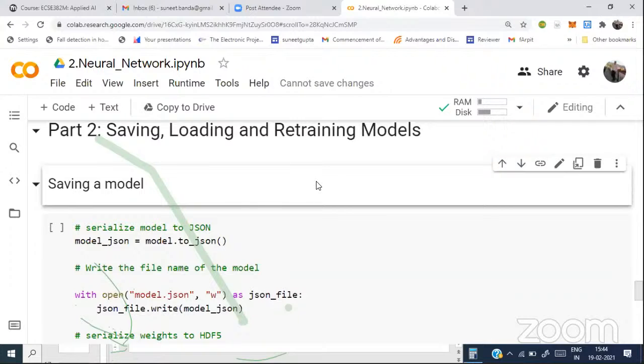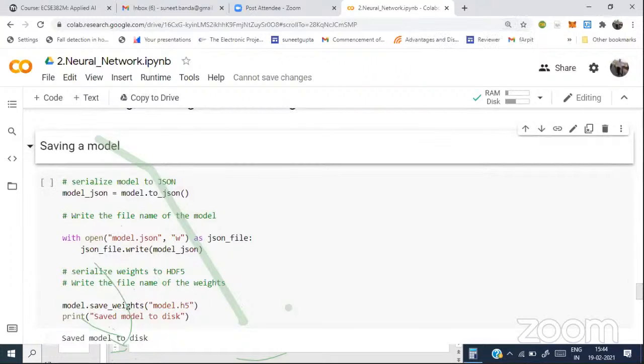While saving the model, two files are there. One is the weight file, another one is the architecture file. With the help of these two files, you can deploy the model on any other device.